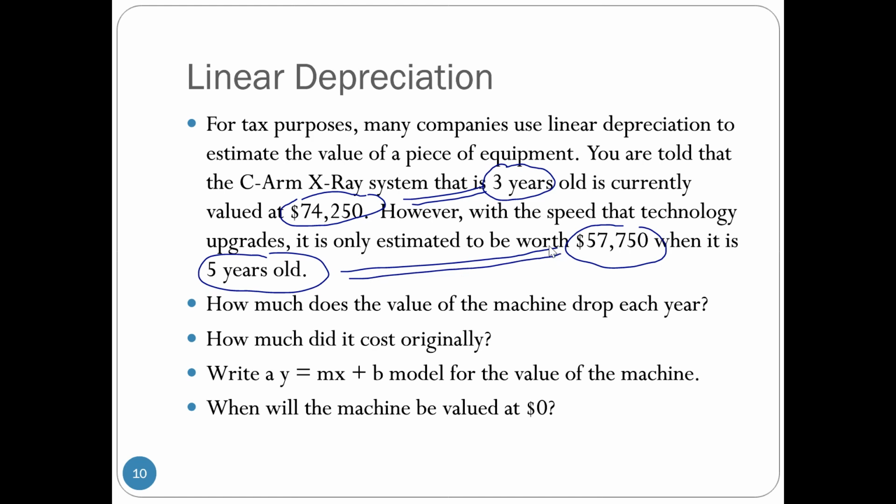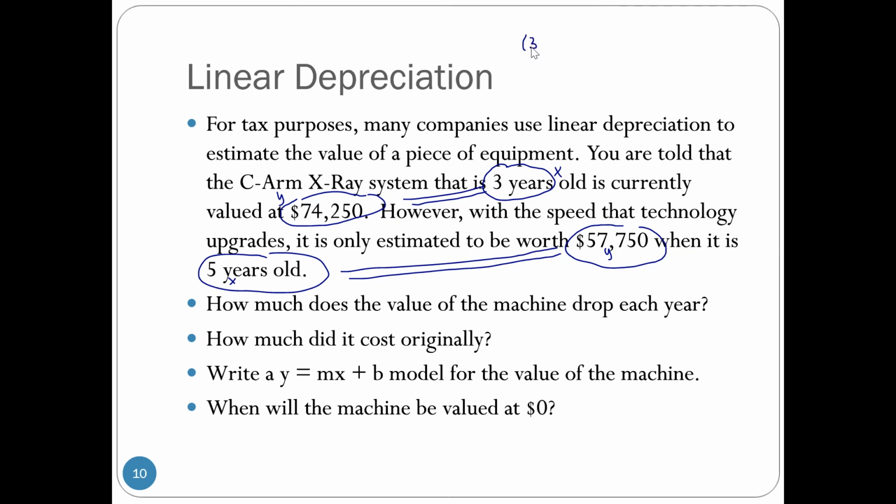So what I need to first think through is which is going to be my X and which is going to be my Y. As I think through this, X comes first, and so I have to know its age before I can figure out its value. And so X is going to be the years, and the value is going to be the Y. And so my two ordered pairs, I'm going to write them up at the top here.